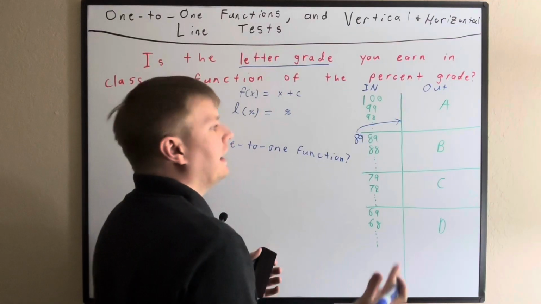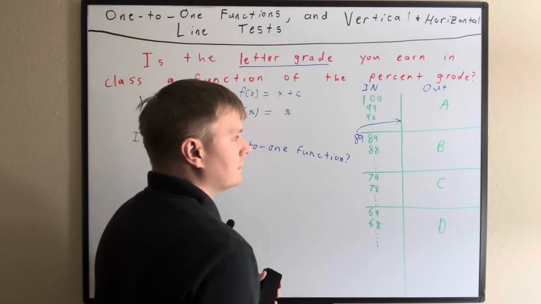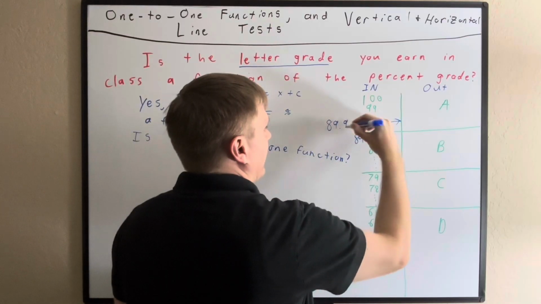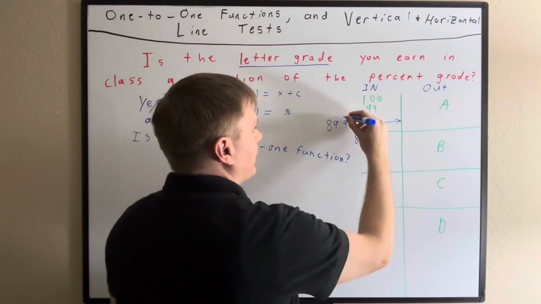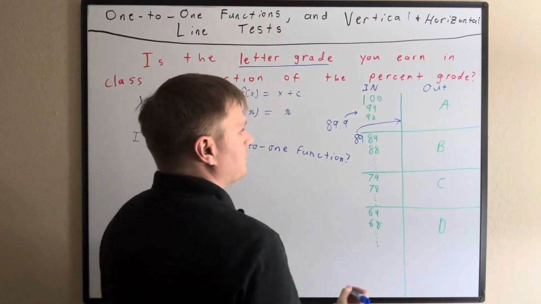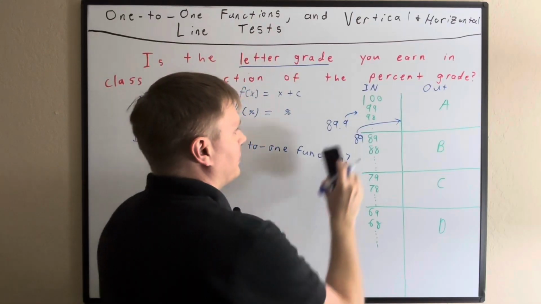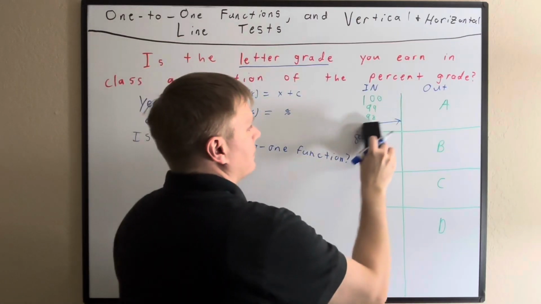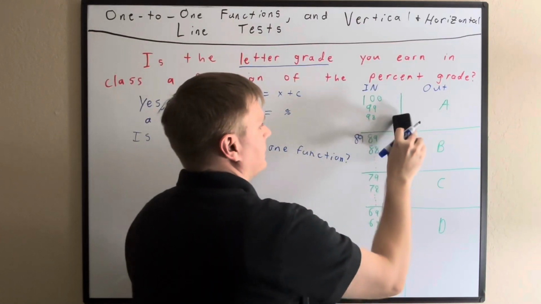You can't get an A if you got an 89. If you got an 89.9, I suppose you'd have to round up to an A, but we're not getting that far and that deep into it. That's not what this does.